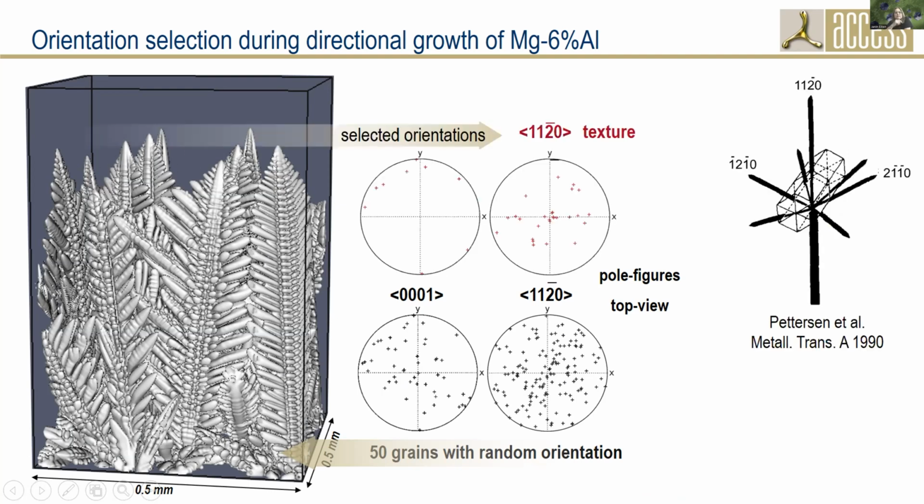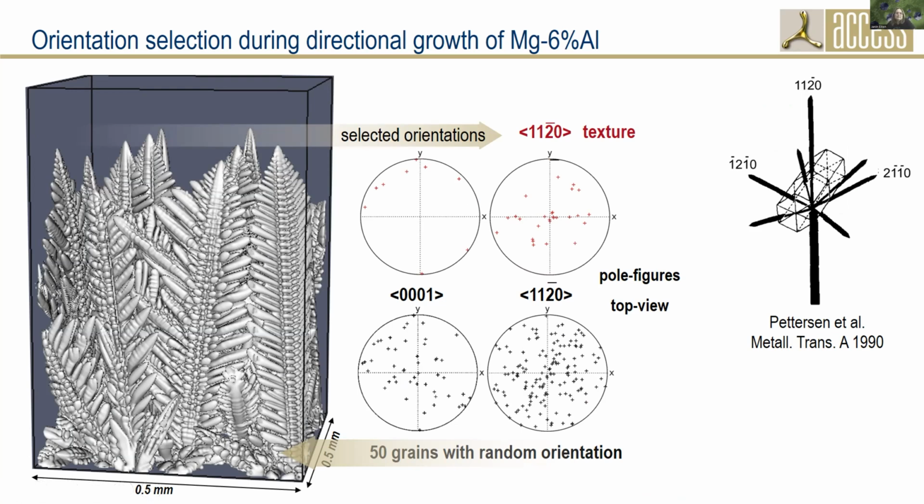From this, the orientations were evaluated, and one could see directly a clear texture for these prism directions. The basal directions are hardly growing in this direction, and all the basal directions are at 90 degrees, perpendicular to the growth direction.